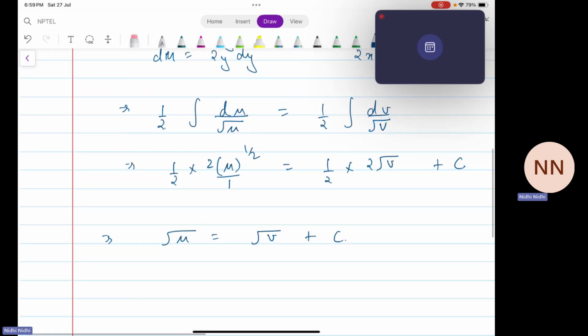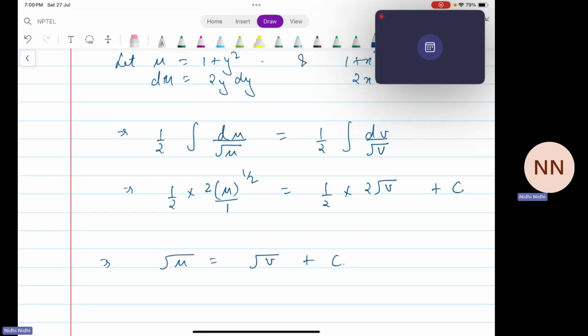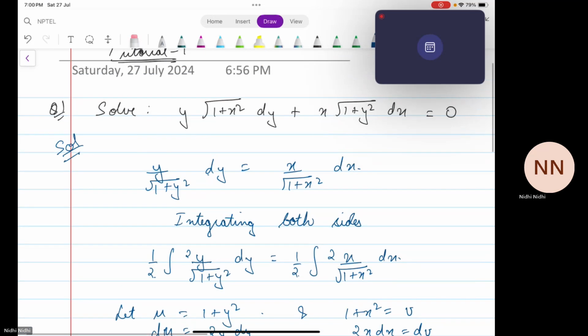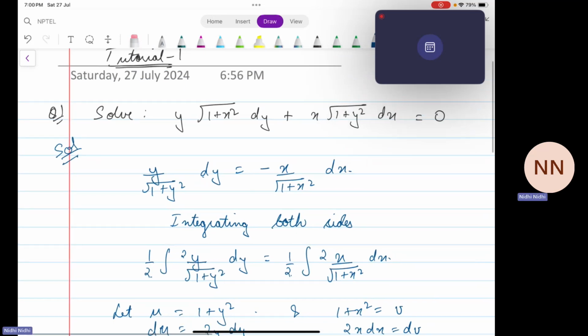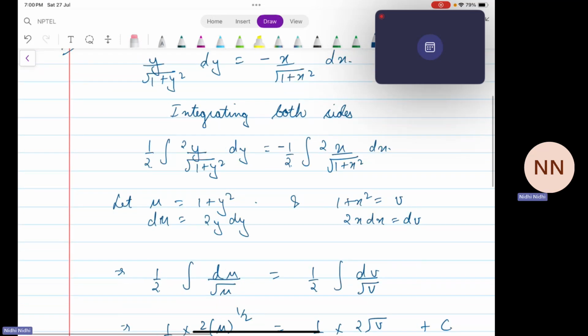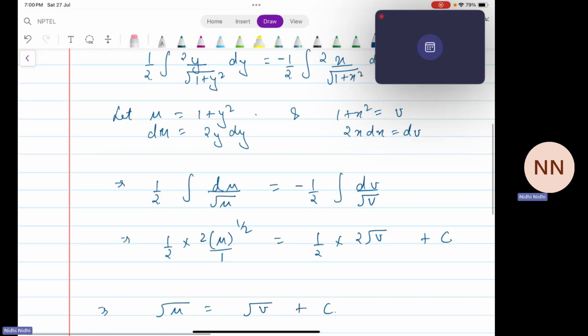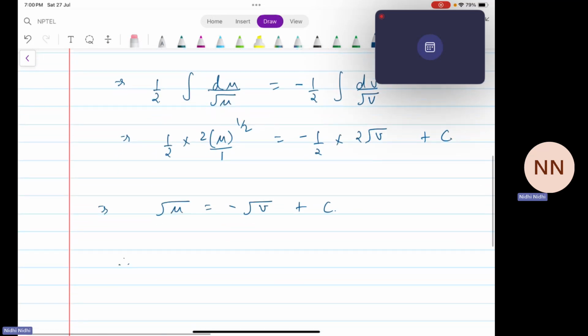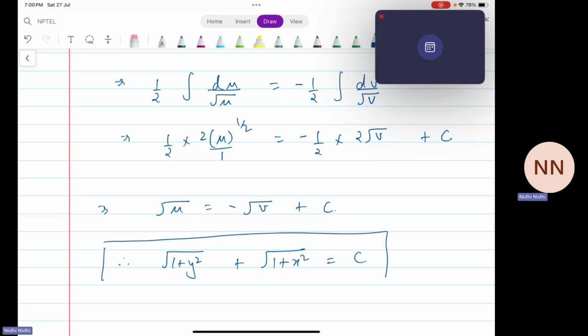Now replacing the values of u and v as we had taken in the substitution, we get, again, it should have been a minus over here. So this gives us under root 1 plus y square minus under root 1 plus x square is equal to c. This is the solution.